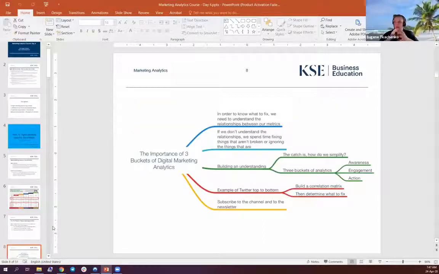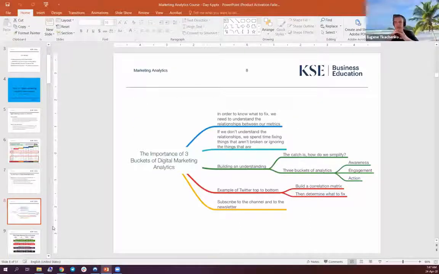So there are three main buckets when we are talking about digital analytics, and I believe you guys remember our sales funnel and the progression. When we divide the sales funnel into three main categories and talk about the most engaging segments we have the most exposure to, it would be awareness, engagement, and action.